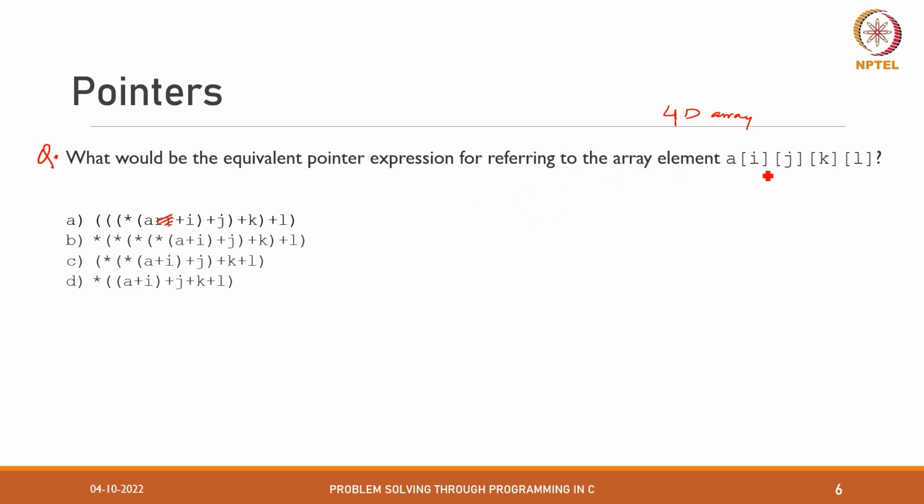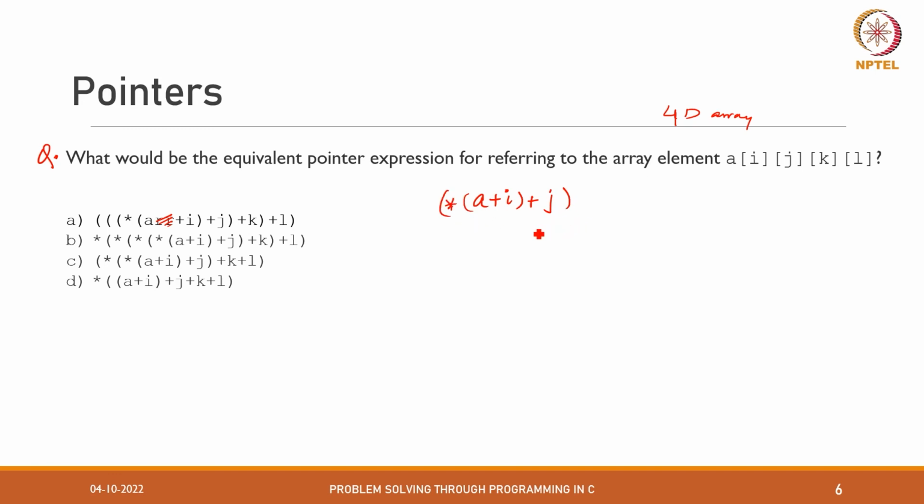So this is the first dimension that is going to be considered. If you write simply A, it is referring to the first element of the entire array. Now I write A plus I, that refers to the ith element of the first dimension. Now I add a J here.